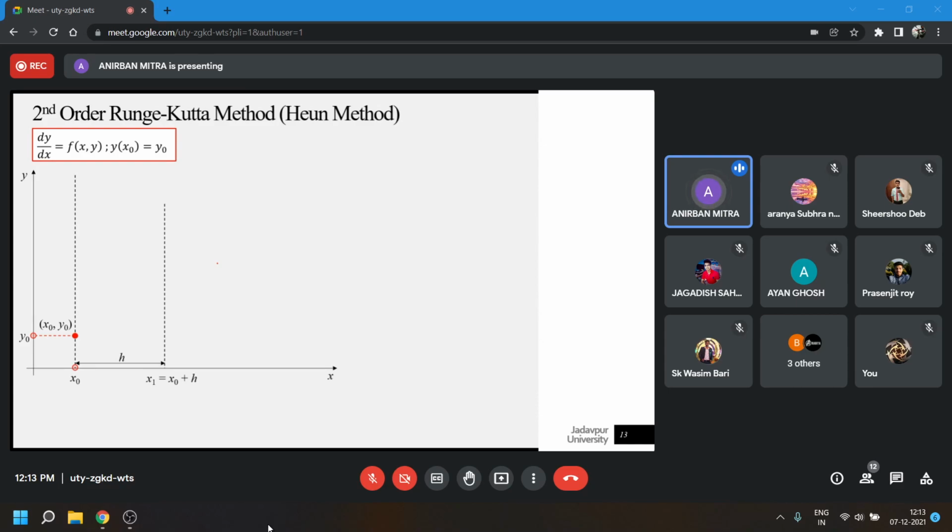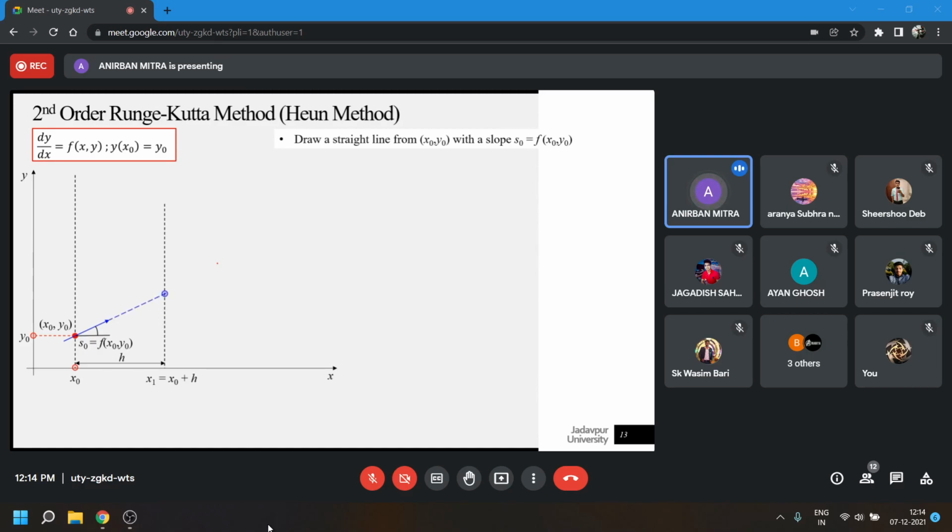So what are the things that are known to us at this point? Obviously, the initial position from where the solution curve starts, and the slope, which can be calculated as S0 equal to f of x0, y0. On the basis of the information available, we draw a straight line starting from x0, y0 with a slope of S0.